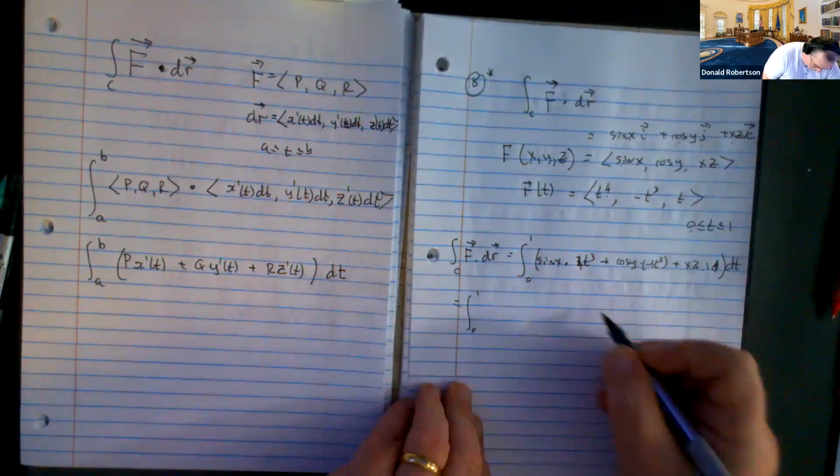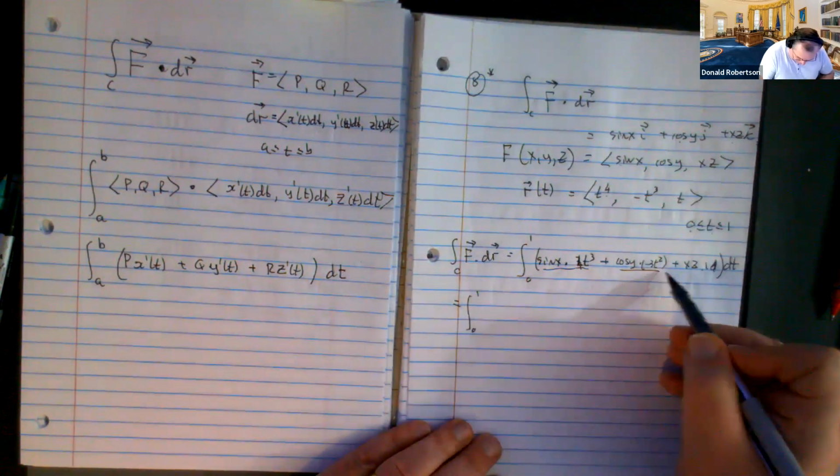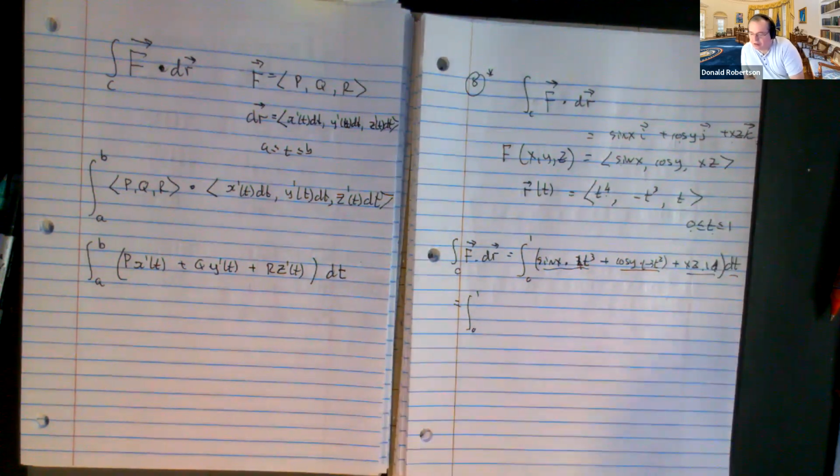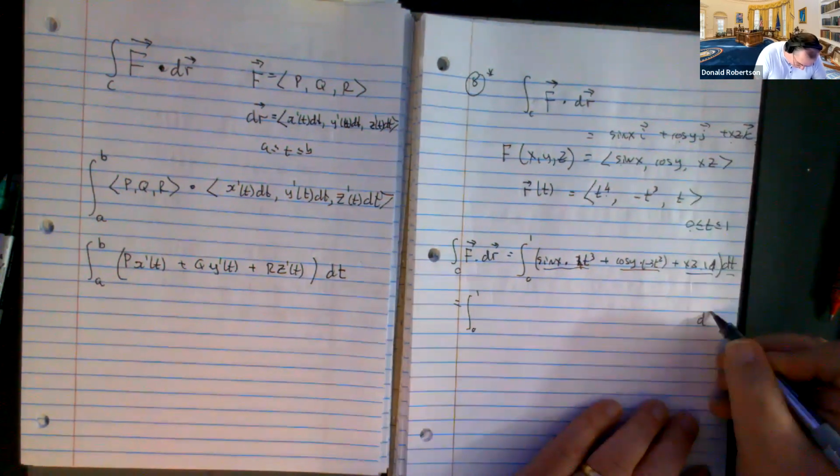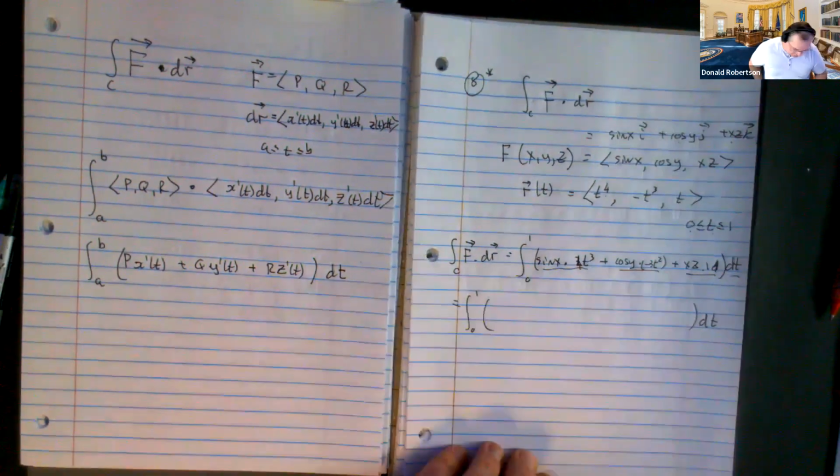And right now, do you see that we've got a mixture of x's, y's, z's and t's? But if you're going to integrate, don't you have to have everybody in terms of t?